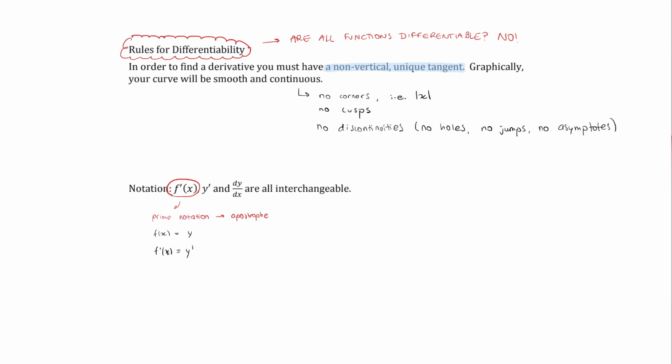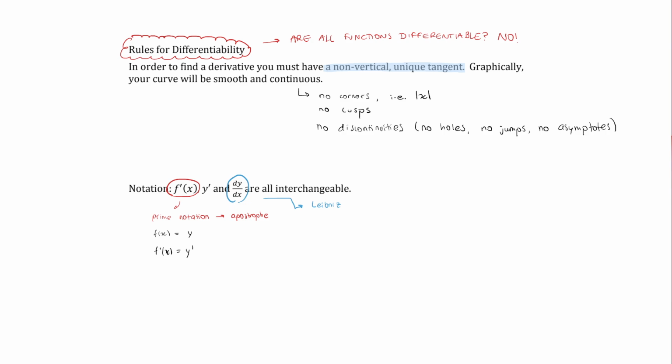If you are watching other videos or even your textbook, other sources, what you might see is a different kind of notation, which is given by dy over dx. So this notation is known as Leibniz notation. Leibniz was a very famous mathematician who is considered to be one of the founding fathers of calculus, along with Isaac Newton.